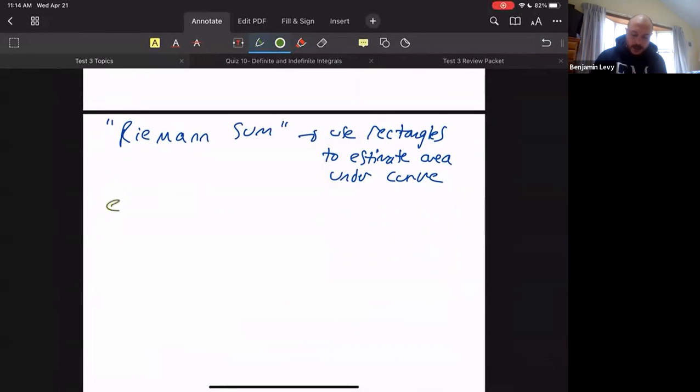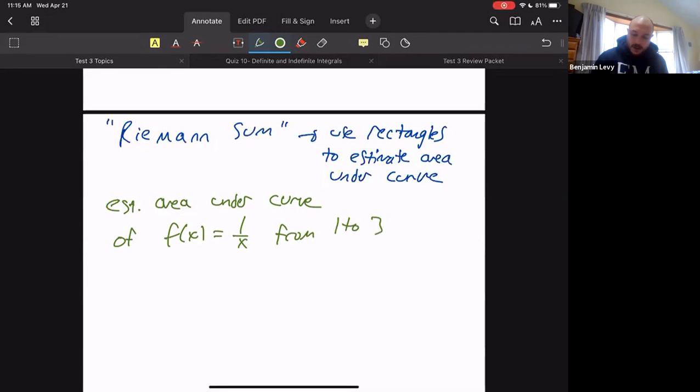Let's estimate the area under the curve of f of x equals, how about 1 over x from 1 to 3. And let's use 4 rectangles. Right, so that's the key piece of information.